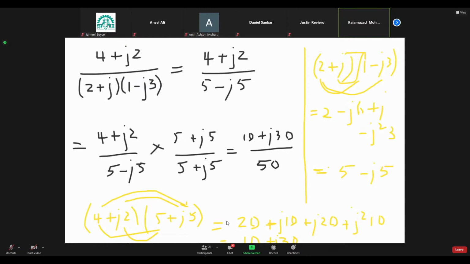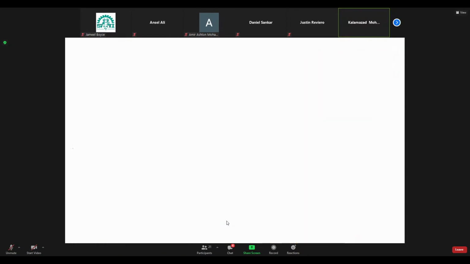Okay, next one. Let me give you this one to work out. The question says there are three impedances from your physics days. Z1 is equal to 2 plus j. Z2 is equal to 1 plus j.